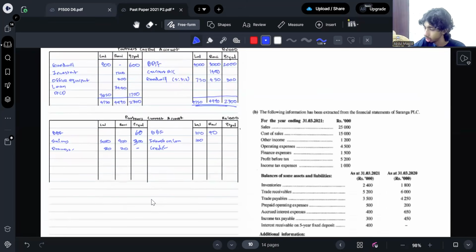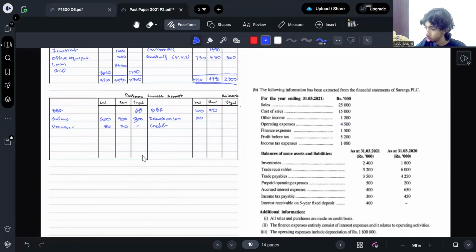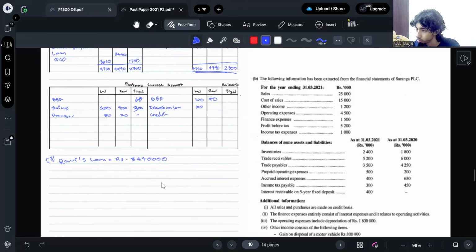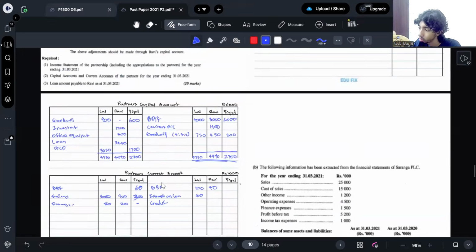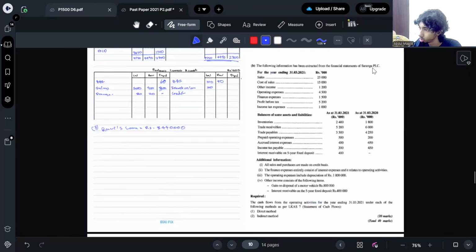Okay, so you can say the third requirement is asking for the loan amount. Third requirement, Ravi's loan 3,440,000. Okay, so we are done with the partnership question. A few more to go.